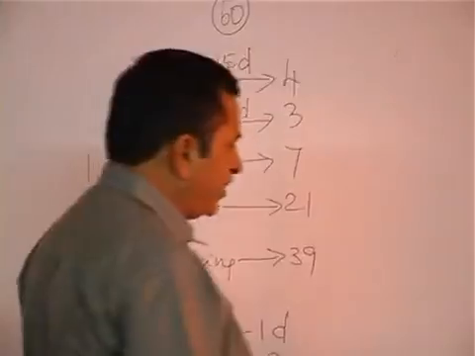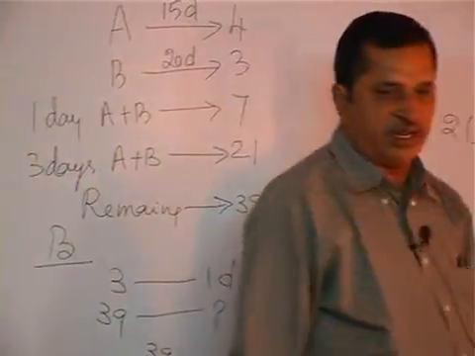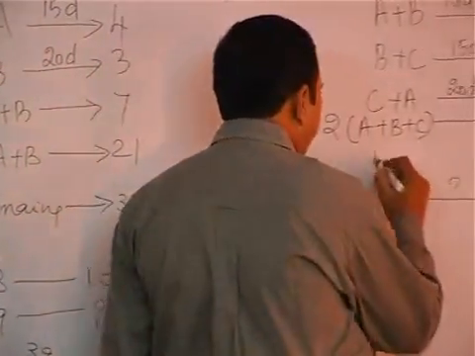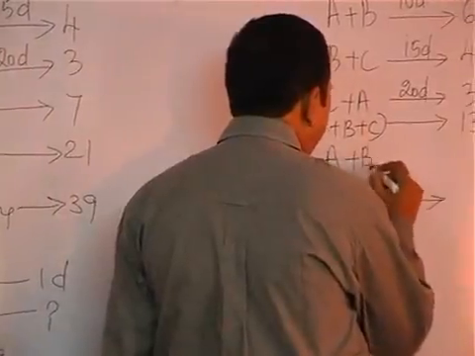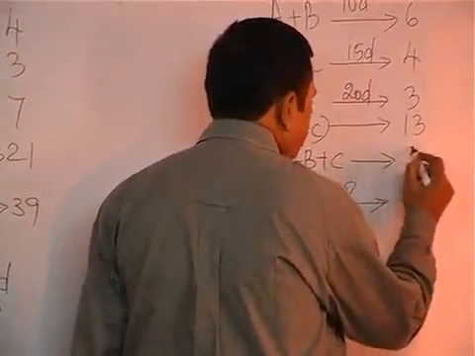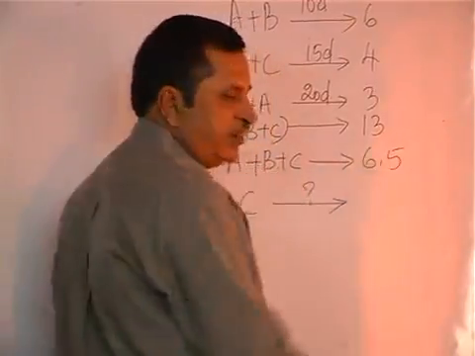So A plus B plus C are doing how many units? 6.5 units.